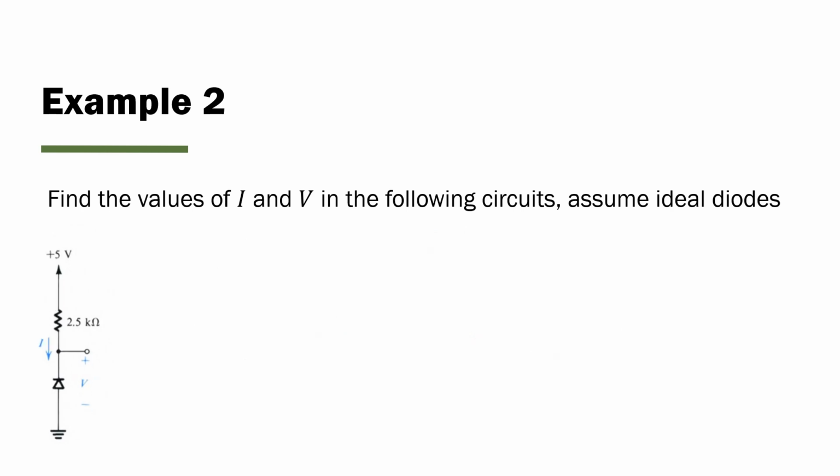Okay, let's do this circuit. We observe that the anode observes 0 volts, the cathode observes positive 5 volts. Therefore, we're going from low to high, 0 to 5. So this diode is reverse biased.